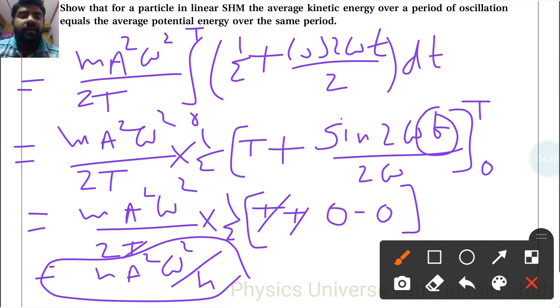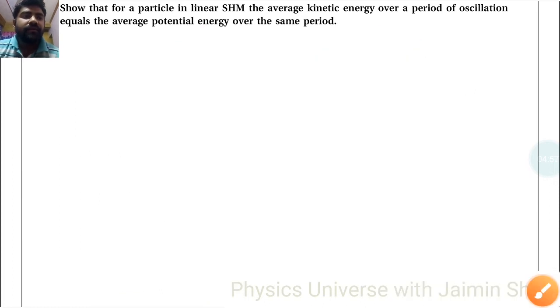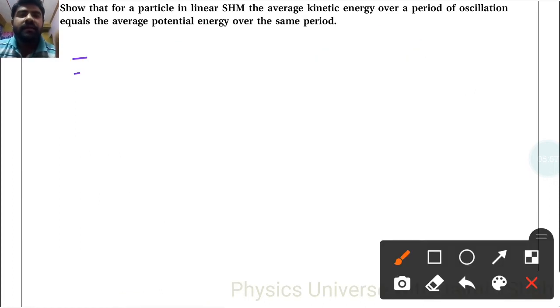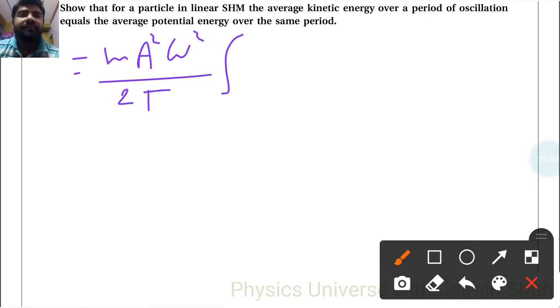Now in a similar manner, we have the potential energy, but in the potential energy we have sine square omega t, right? So similarly, here directly m a square omega square upon 2T, and the integration is sine square omega t dt, right?